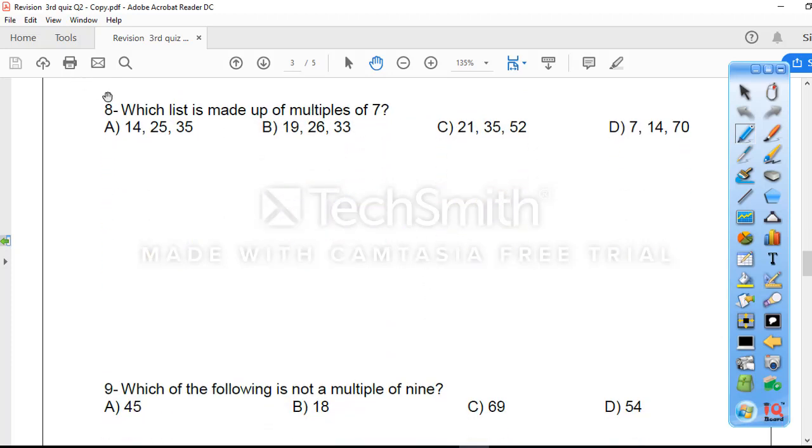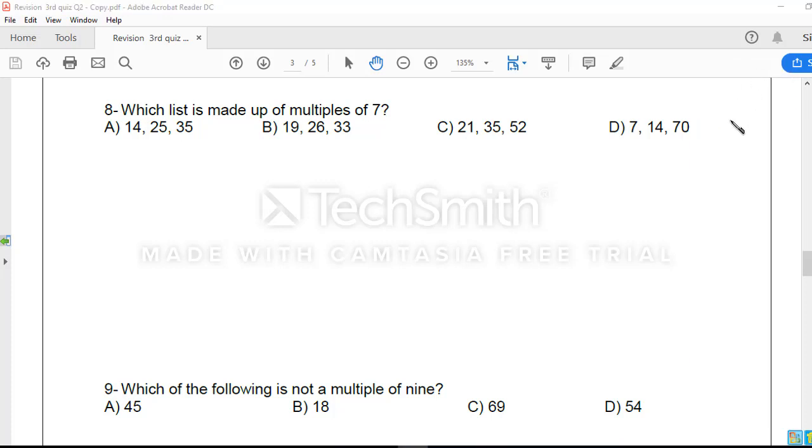Question number 8. Which list is made up of multiples of 7? Multiples means repeating the number or adding the same number. The multiples of 7: 0, 7, add another 7, 14, and so on. So which one of those can you choose? You have only this one, D, because the multiples of 7 are 7, 14, and also 70.